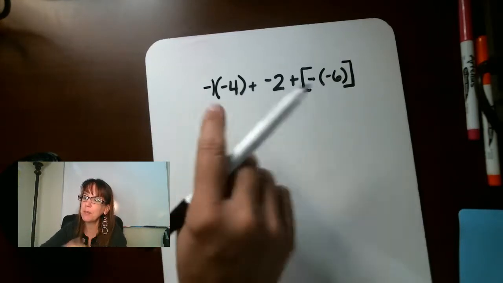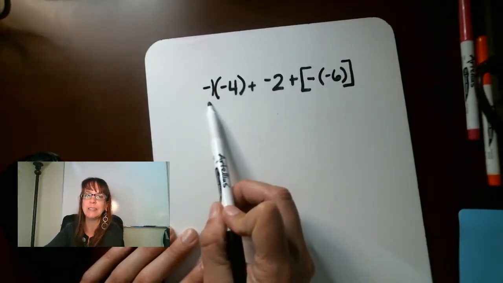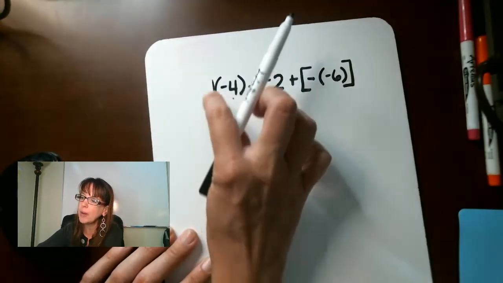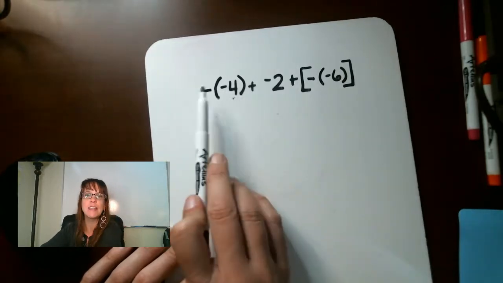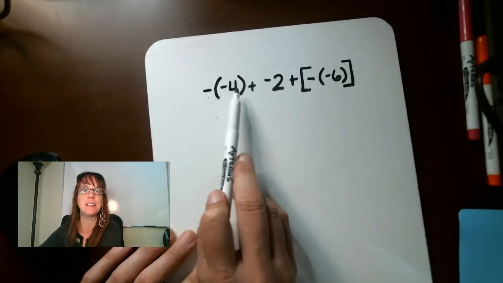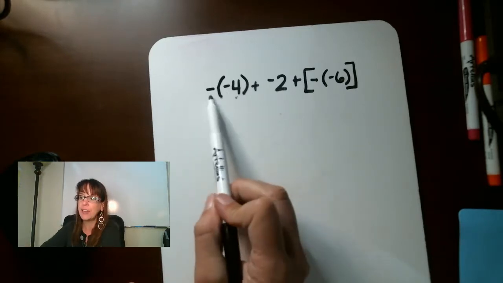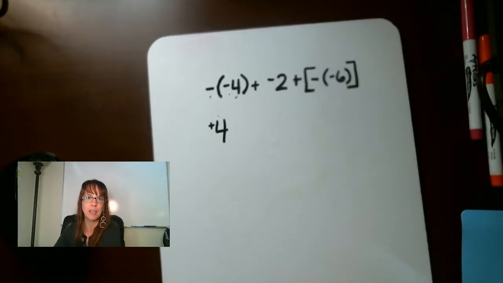So if you don't see a number there, there's actually a 1. If we were to multiply these two things, we would get negative times a negative, which would be a positive. Another way of looking at this is, this says -4, this guy in front of it is saying the opposite of -4, and the opposite of -4 would be positive. So if we have a negative and a negative, that's a positive. So this is going to be a +4, okay?